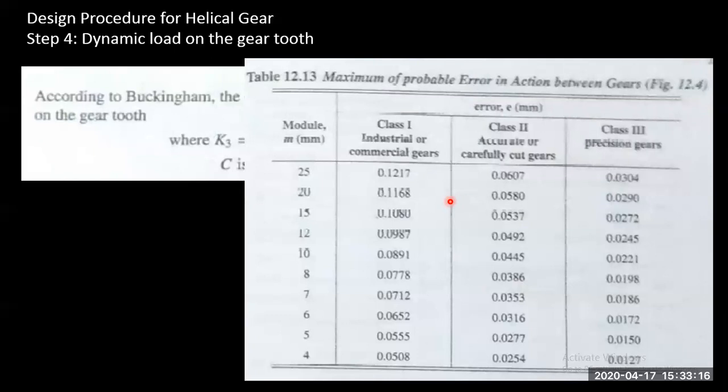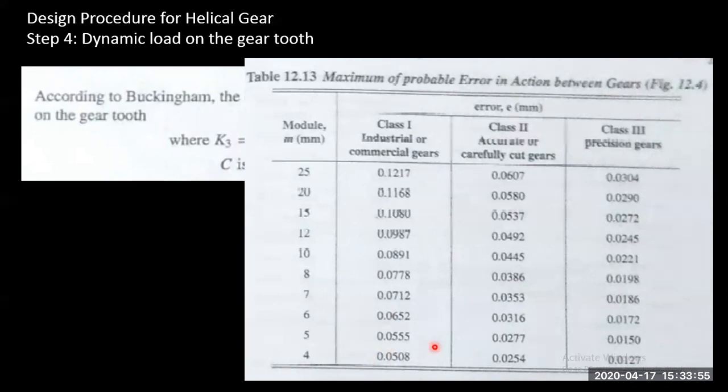Where it is not given, and also you see there is no module 3 here. So thereby it's a dilemma. So what do you do? What do you take as the value of C? We'll take some value here itself, which is closer to 4.